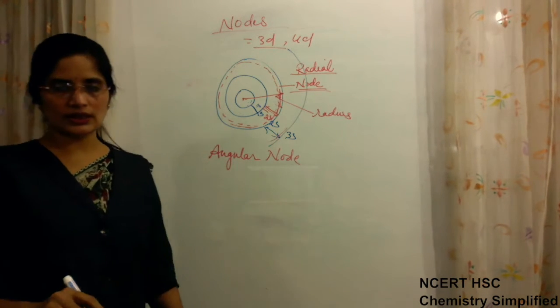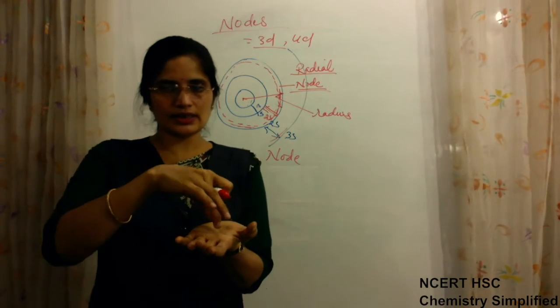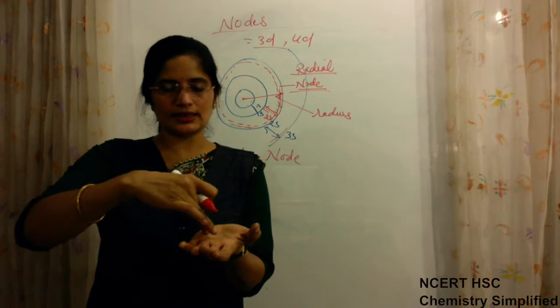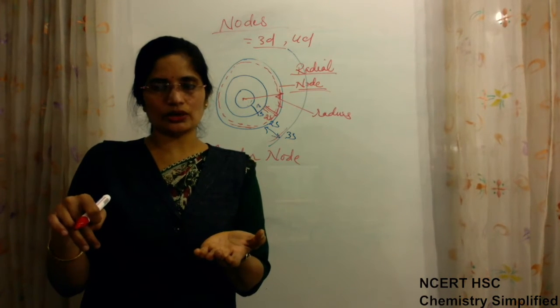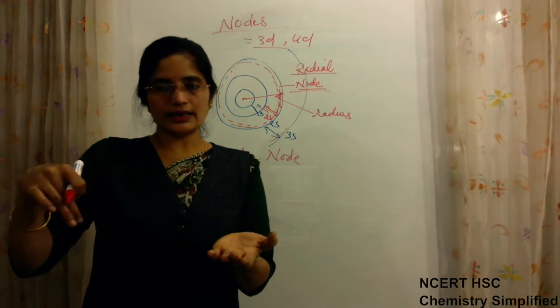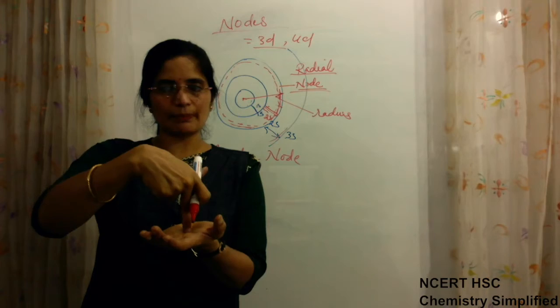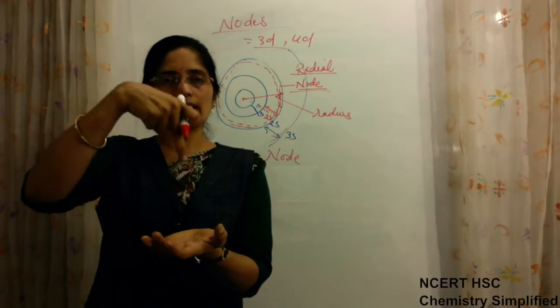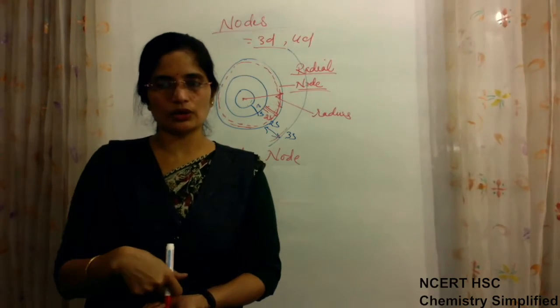Angular node is what? See, right now we were talking about the radius. If this is a nucleus, then moving away from nucleus, the distance where probability of finding electron is 0, that is radial node. Now if this is nucleus, I am talking about a space in vertical direction along the axis where the probability of finding electron is 0.